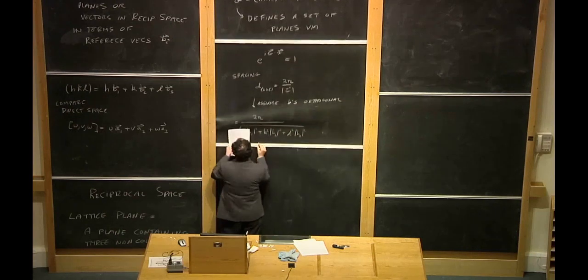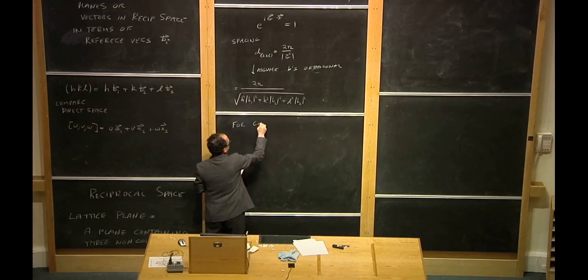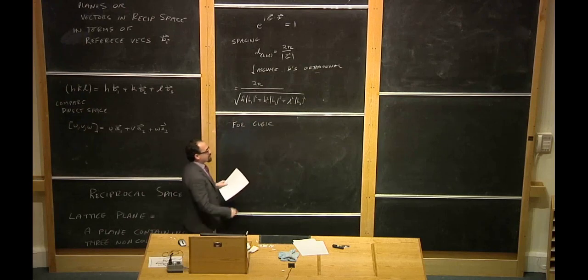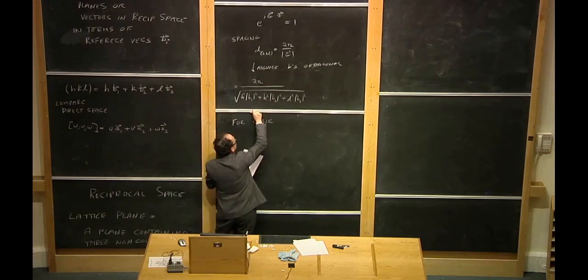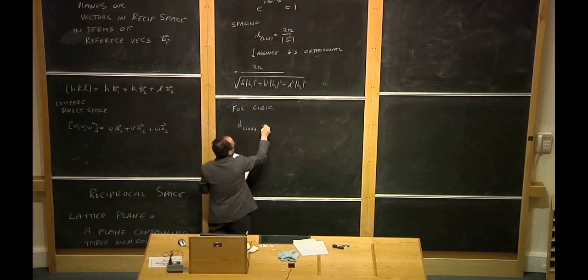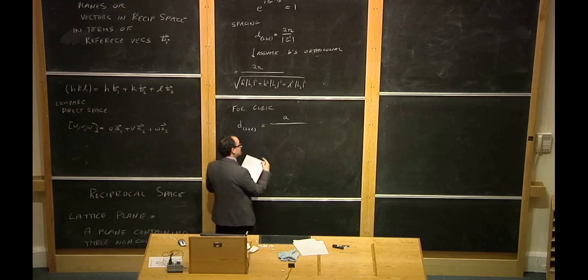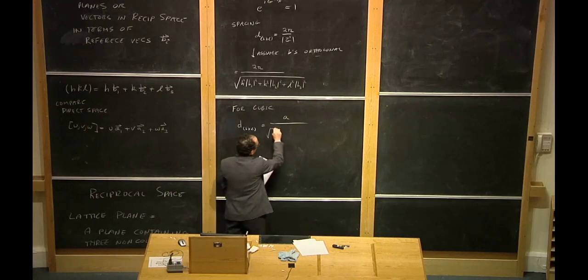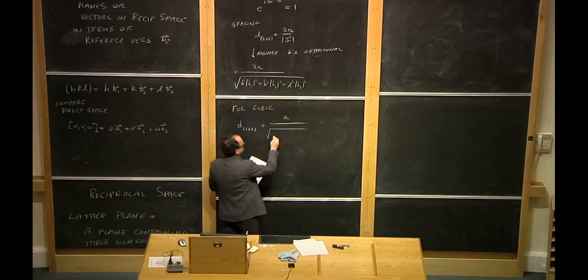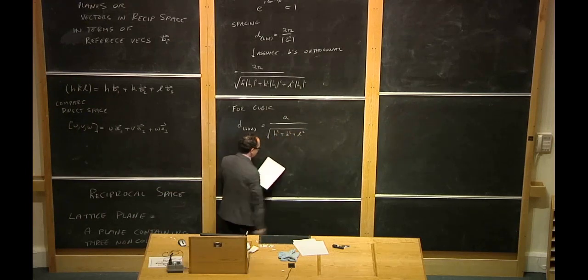Okay. And for cubic lattice, where a1, a2, and a3 are the same length and orthogonal to each other, therefore b1, b2, b3 are the same length and are orthogonal to each other, the spacing d_hkl is a, the length of the conventional unit cell in direct space, over the square root of h squared plus k squared plus l squared.